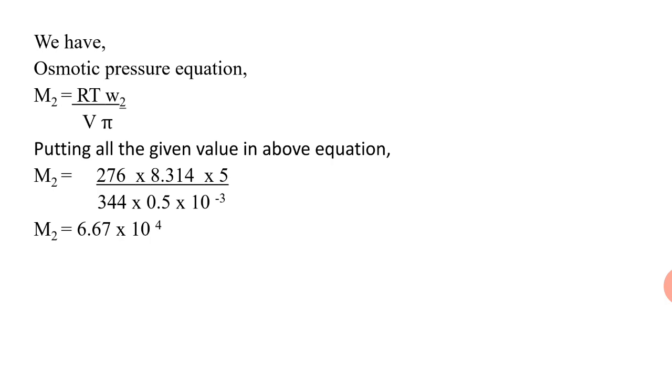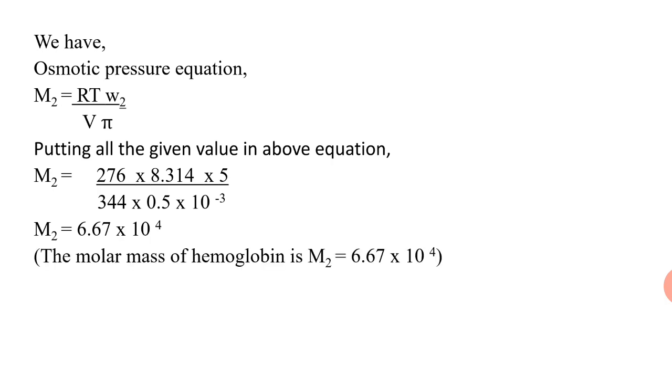By making the calculation, we get the value of M2 as 6.67 into 10 raised to 4. The molar mass of hemoglobin is 6.67 into 10 raised to 4.